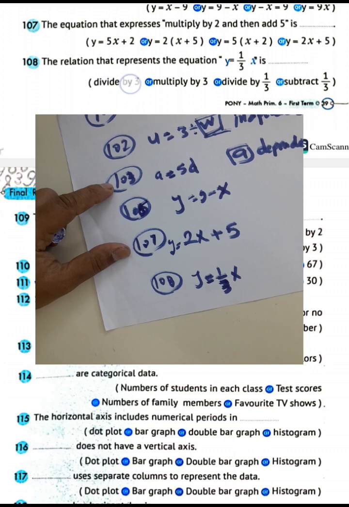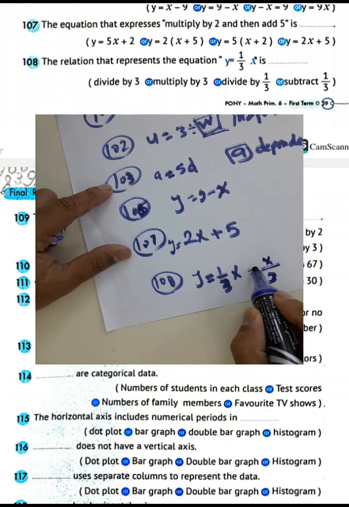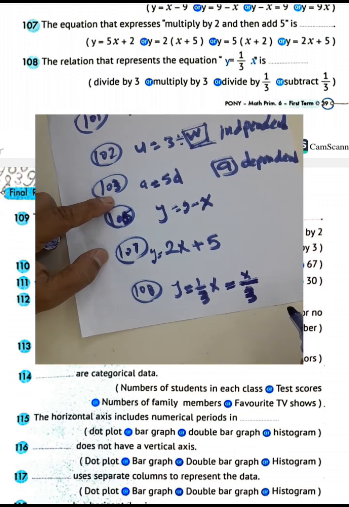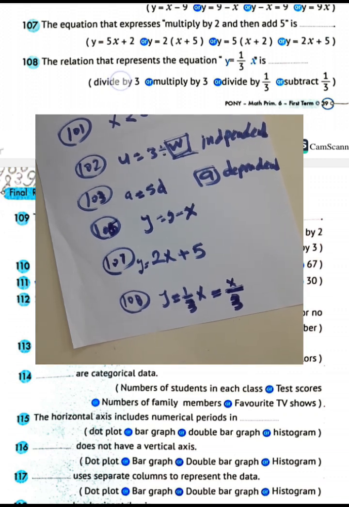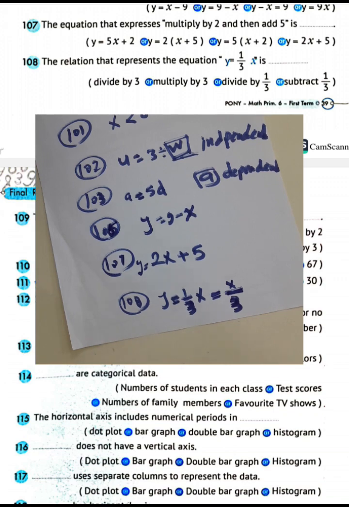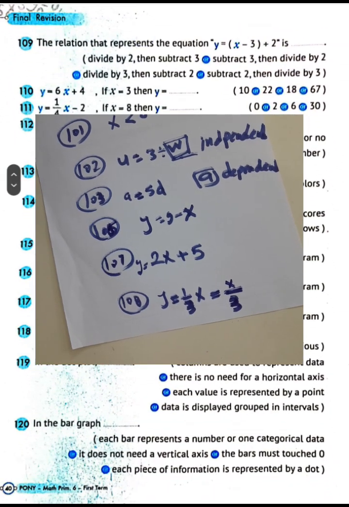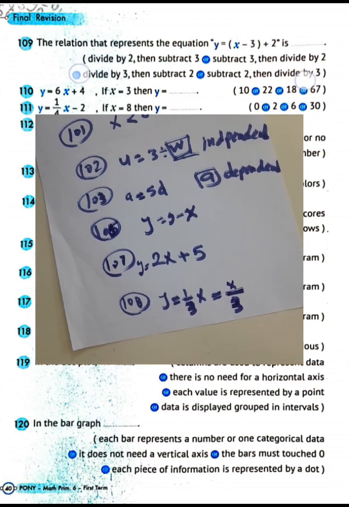Divided by 3, okay? Y equals a third of x means x over 3. We must choose the first choice here, divided by 3. Question 109, the relation that represents the equation y equals x minus 3 divided by 2.